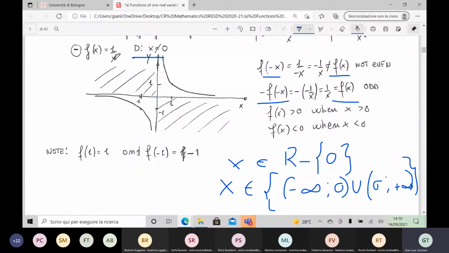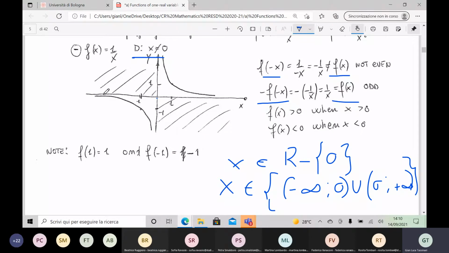But what does it mean? X greater than 0 means that we are here. For x greater than 0, the ratio 1 over x is positive. So this means that the function lies here in the first quadrant, so you can cancel here below. For x smaller than 0, this ratio is negative. X smaller than 0 means that we are moving ourselves along this line.